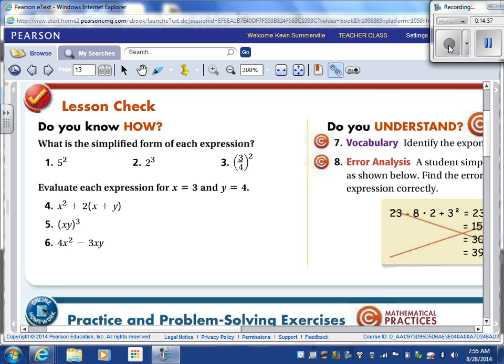I'm not sure the speakers are working. Okay. So when I rewrite this, I'm going to do parentheses 3 times 4 parentheses to the third power. Notice I put a dot in the middle of 3 and 4. I also said 3 times 4. Because a number next to another number means I have to multiply.